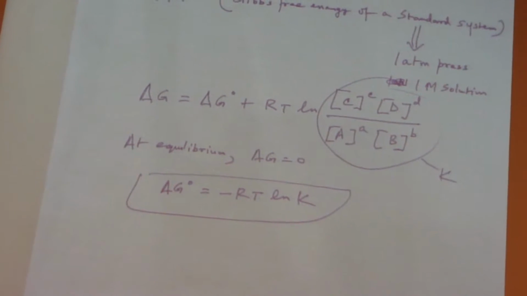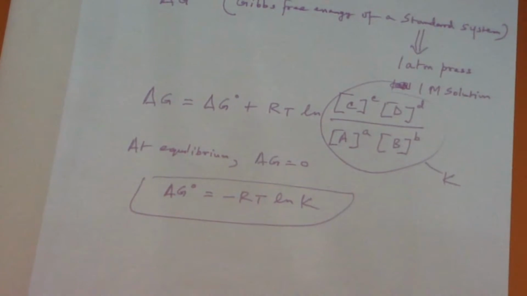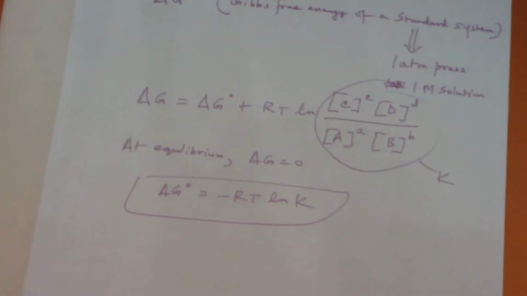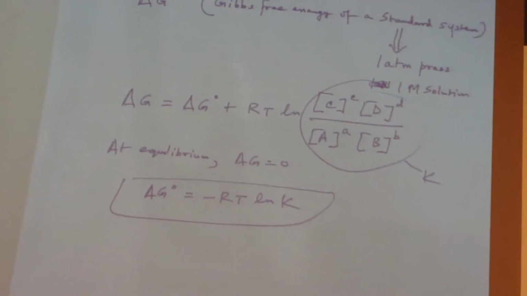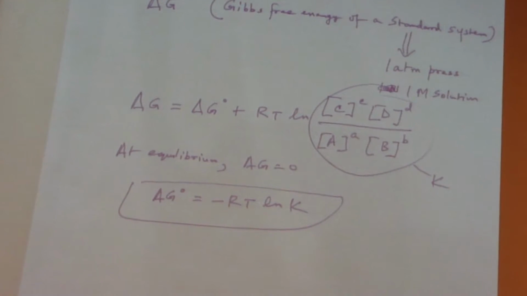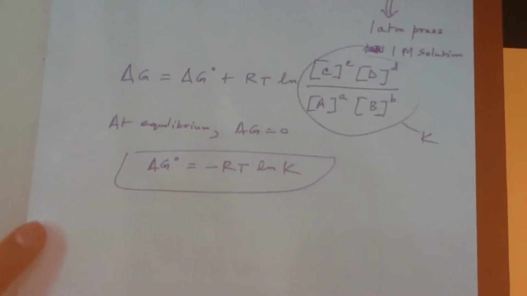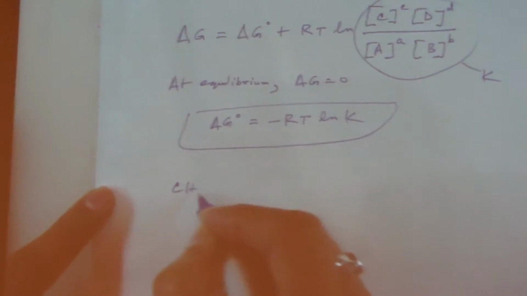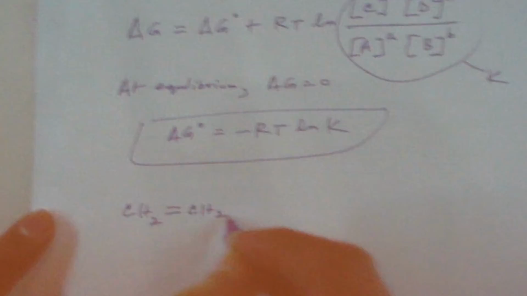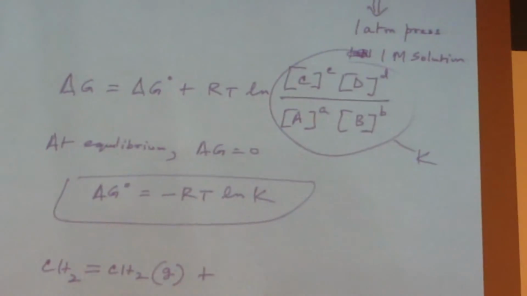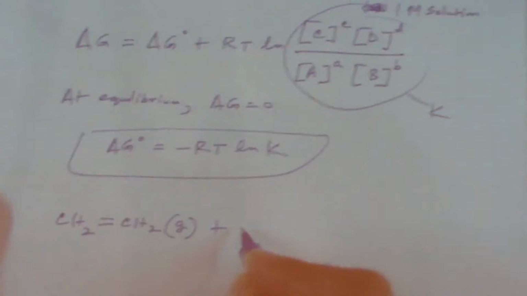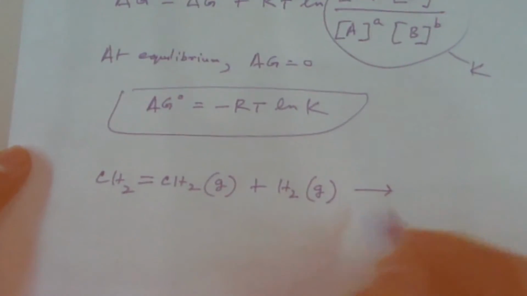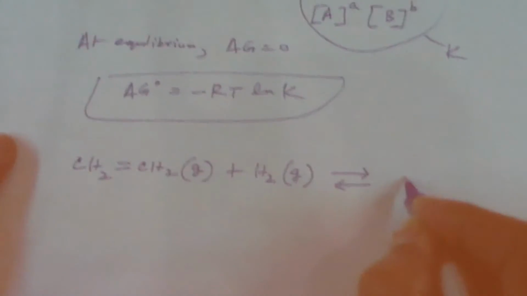And I won't ask you to apply that, to do the calculations, but the general idea is important for a better understanding of the processes. Because one thing I think is important to recognize is, again, look at the reverse reaction of, let's say, an alkene, such as ethylene, in the gaseous form, plus hydrogen, also in gas, going to ethane.